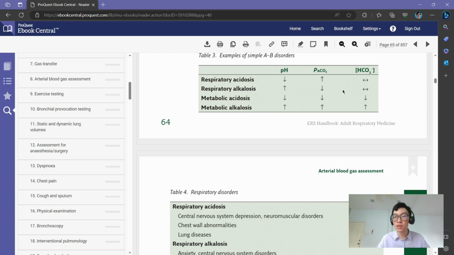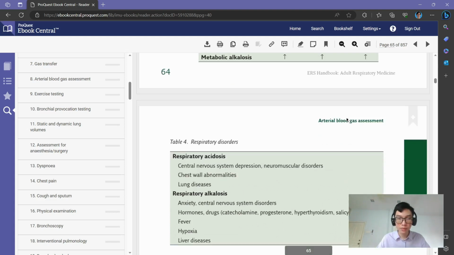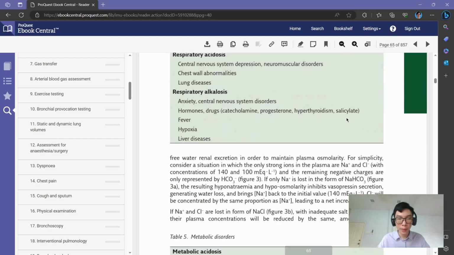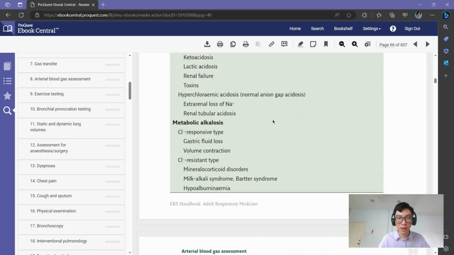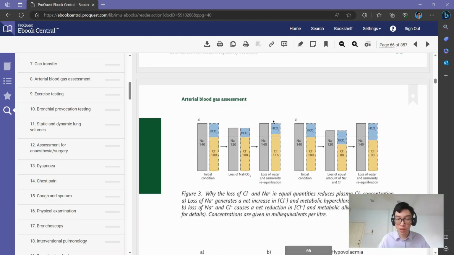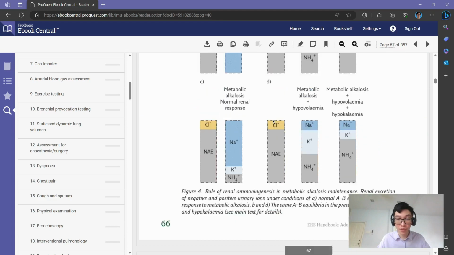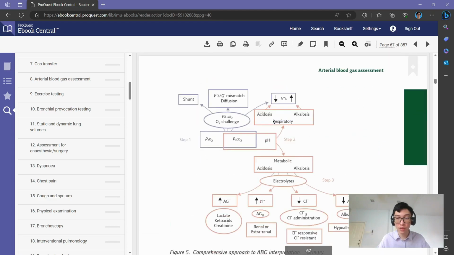So this is your pH, your partial pressure for carbon dioxide in your blood, and then your bicarbonate. There are other symptoms of the diseases during respiratory alkalosis and acidosis, and also for metabolic counterparts, and beautiful figures for you to understand better.